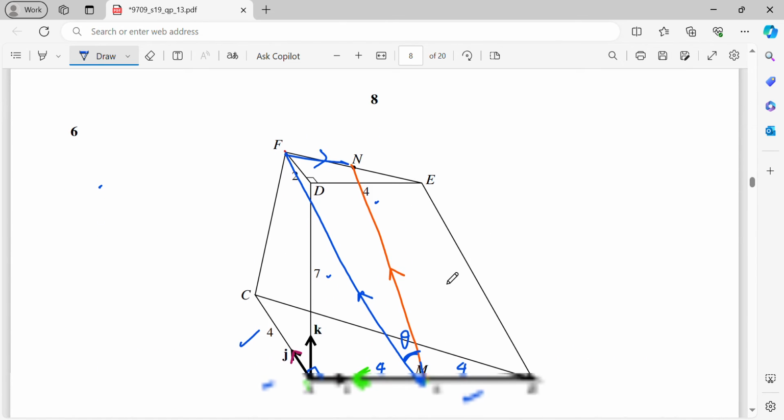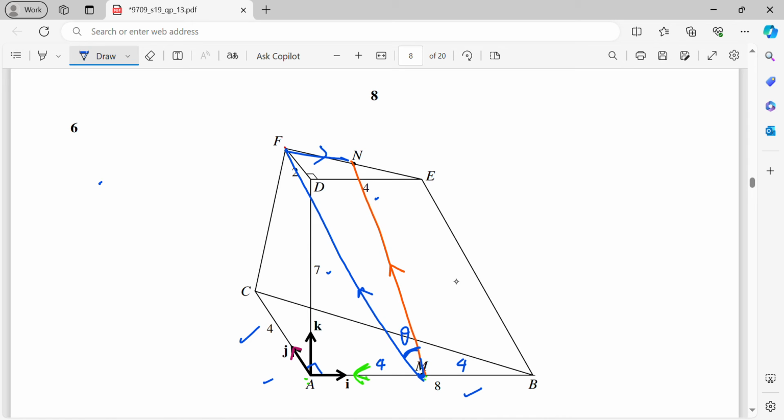Okay, to get FMN, based on this diagram, I have to refer to MF because our formula is basically, if it is theta, these two are the vectors pointing outside. So the scalar product's formula is vector A dot B is magnitude A, magnitude B cos theta.